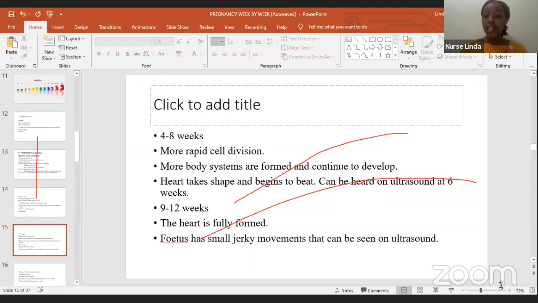If you have attended an ultrasound of a very early pregnancy, you can see very mild movements on the ultrasound, but the woman is not able to identify these movements until later in pregnancy, because at this stage, as I have said, they are very small movements that the woman might not necessarily be able to feel.